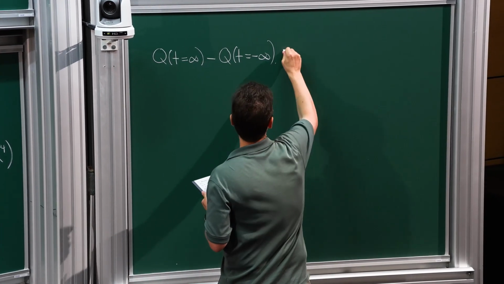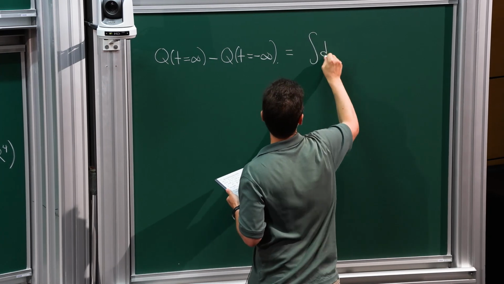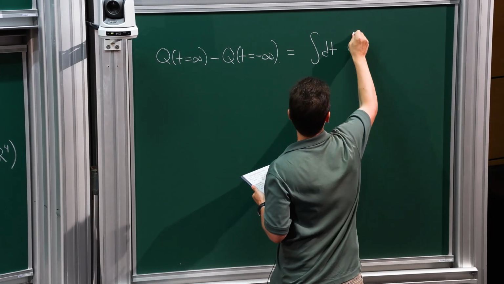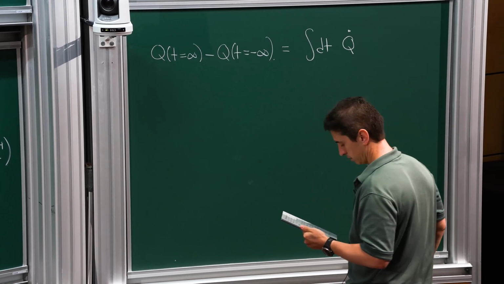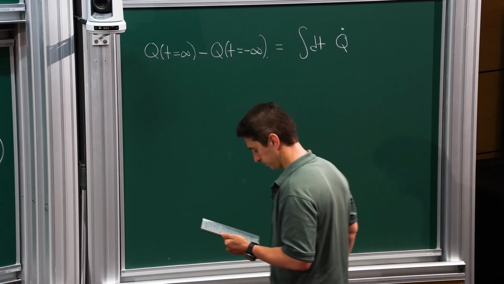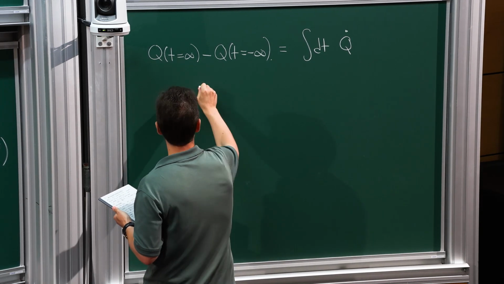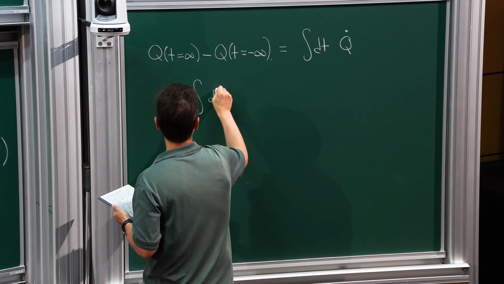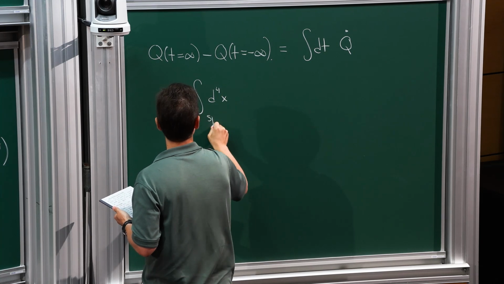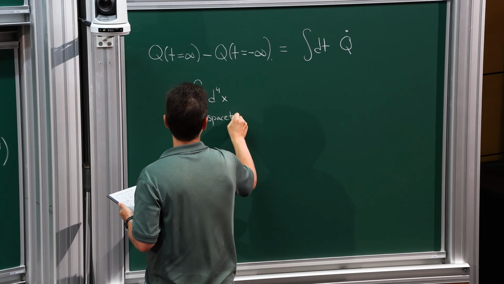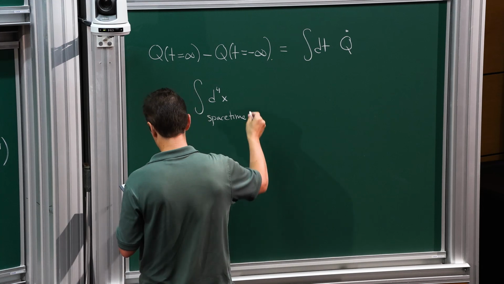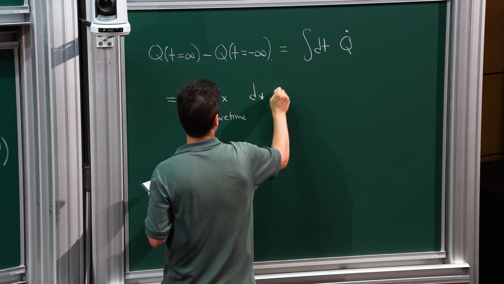Okay. This is, of course, the integral dt of Q dot. And now I write this as the integral d4x over space-time of d star j.